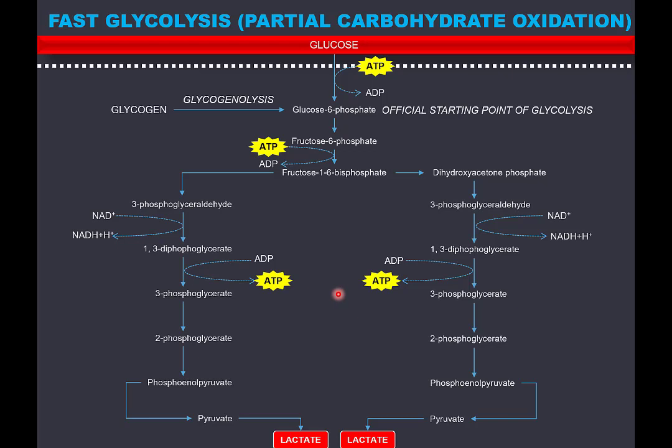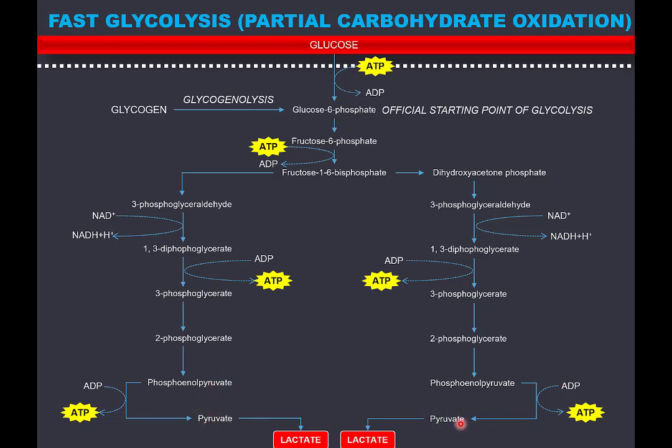Now we move forward in glycolysis, and the next ATP producing step is right here. As you can see, we gain 2 more ATP from phosphoenol pyruvate. So at this point, we have a net ATP yield of 2 to 3 ATP, and we have 2 pyruvates.